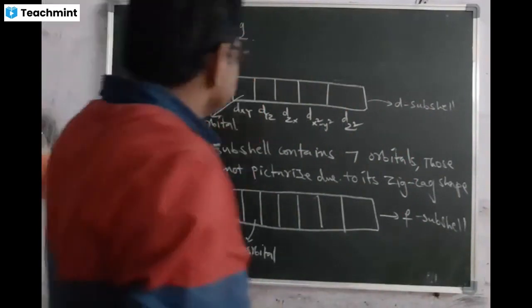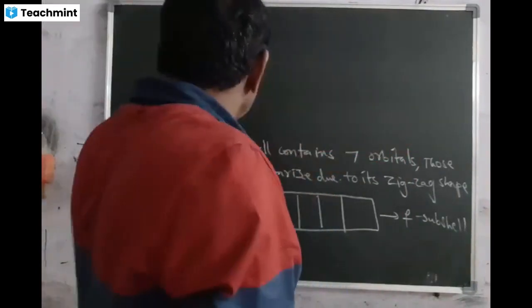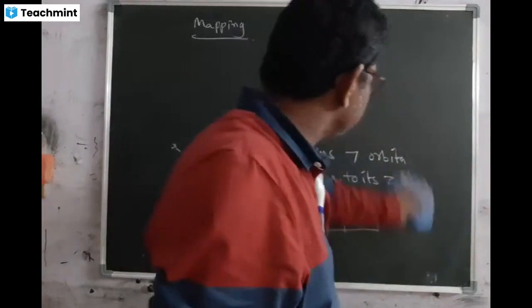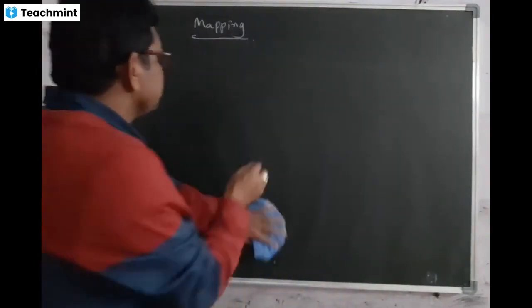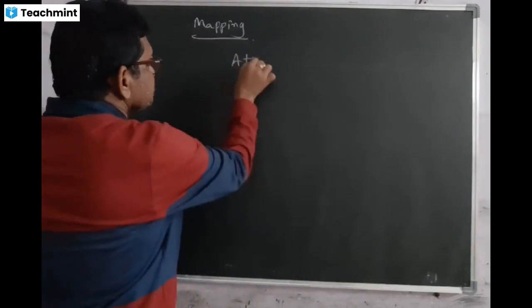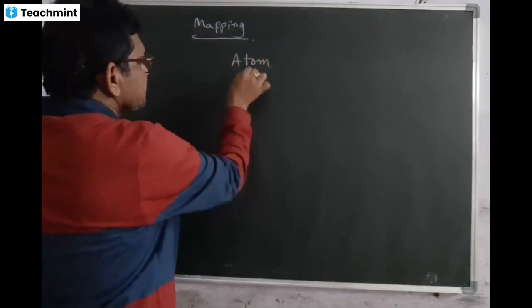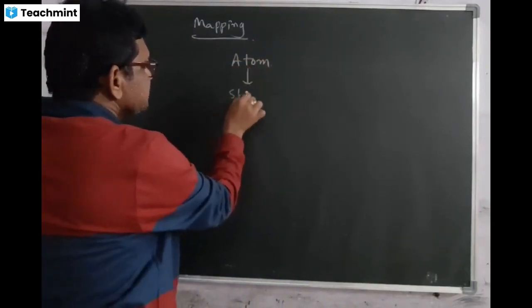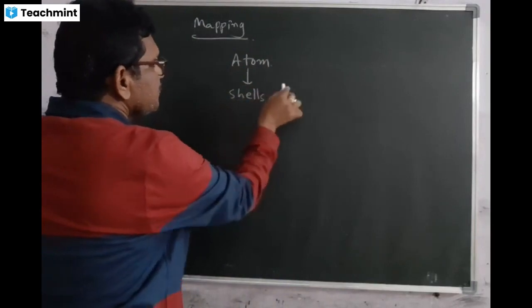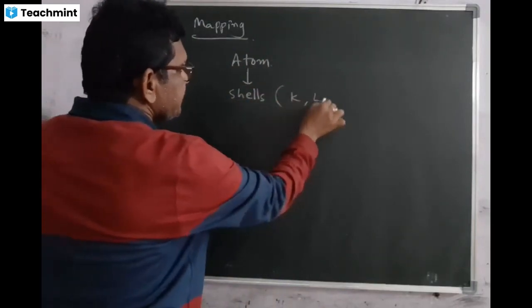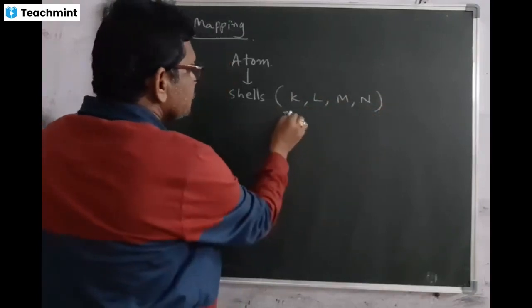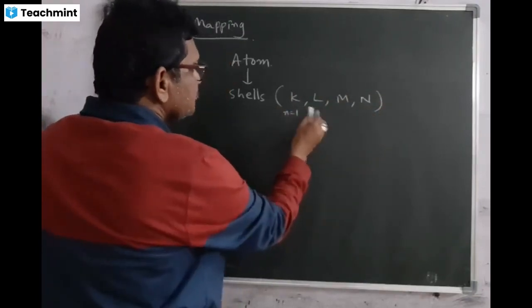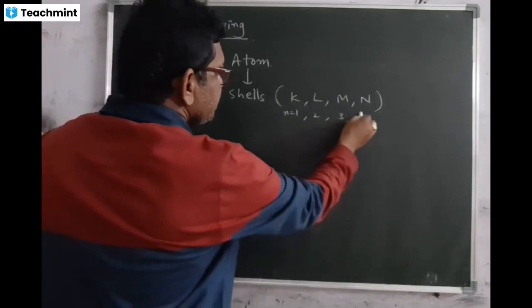So far we have been studying the atom. Atom contains cells. What are those cells? K, L, M, N, also represented as n equal to 1, 2, 3, 4.